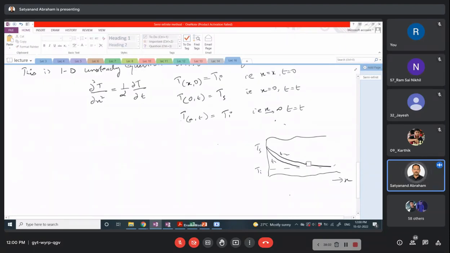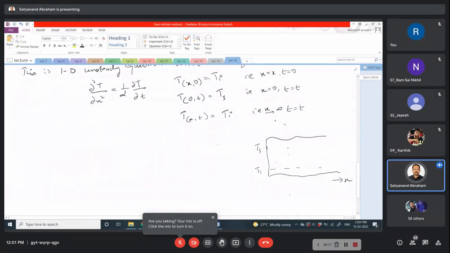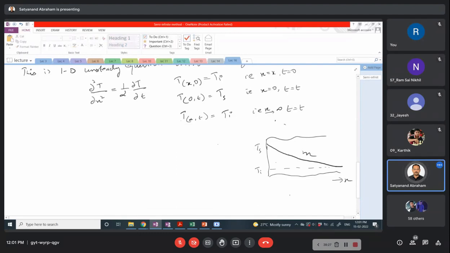Instead of plotting the temperature variation along x for each particular t, if we can combine these two, x and t together, you have to plot only a single curve. T is a function of eta, that's it, where eta is a function of x and t.